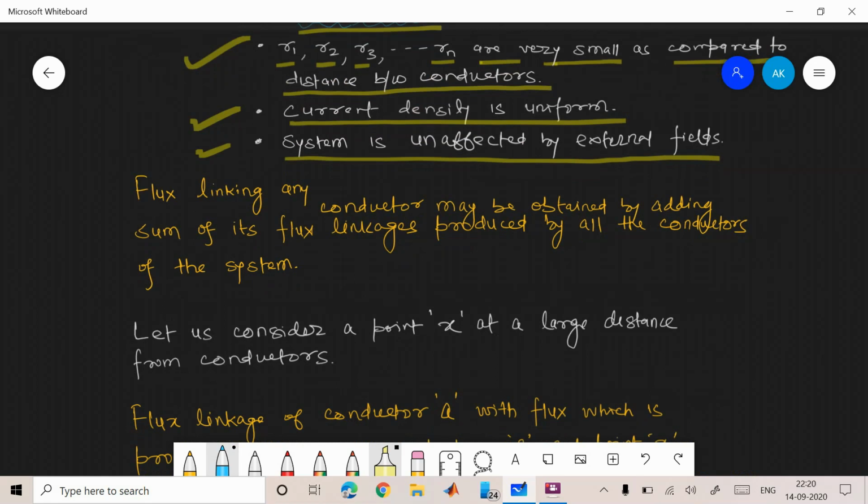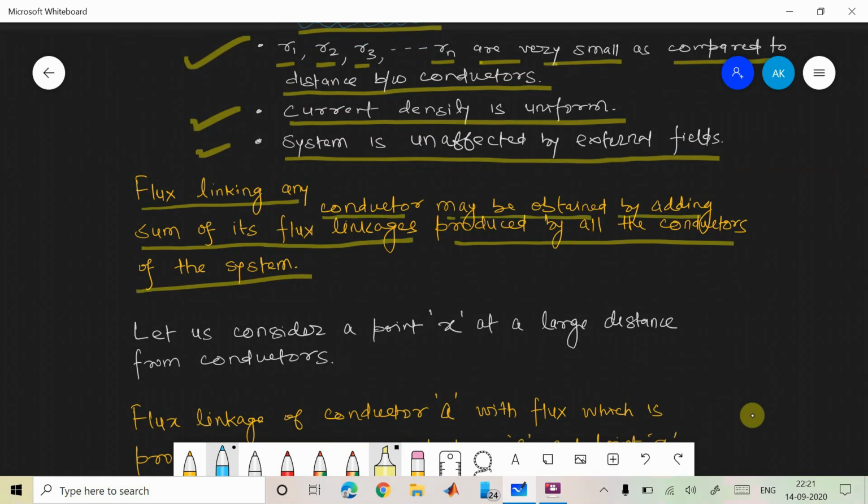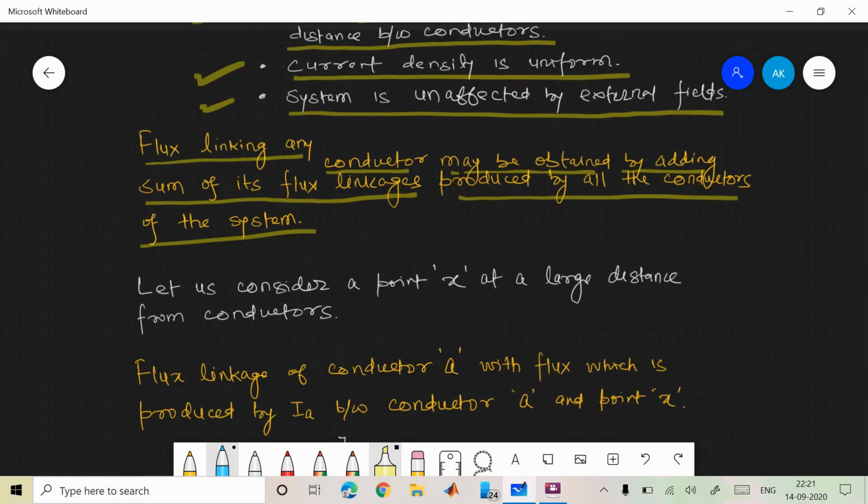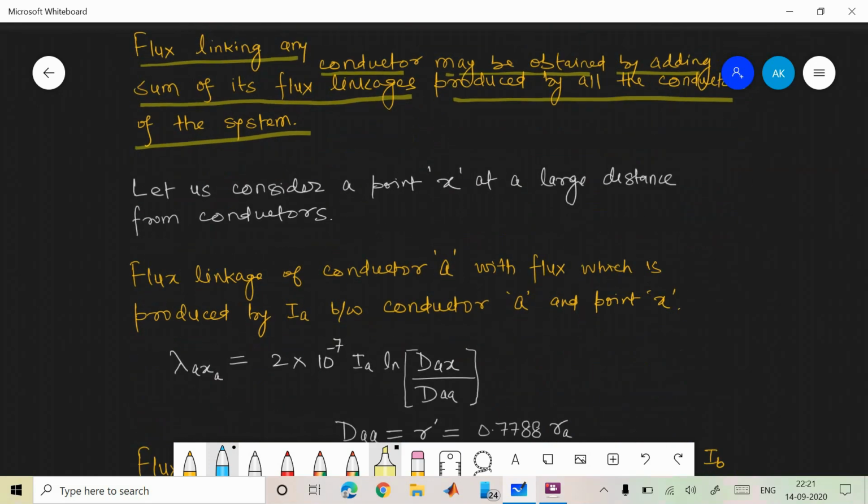Now see, the flux linking any conductor may be obtained by adding the sum of its flux linkages produced by all the conductors of the system. So to find the flux linkages of one conductor, let us consider a point X which is at a large distance from the conductors.